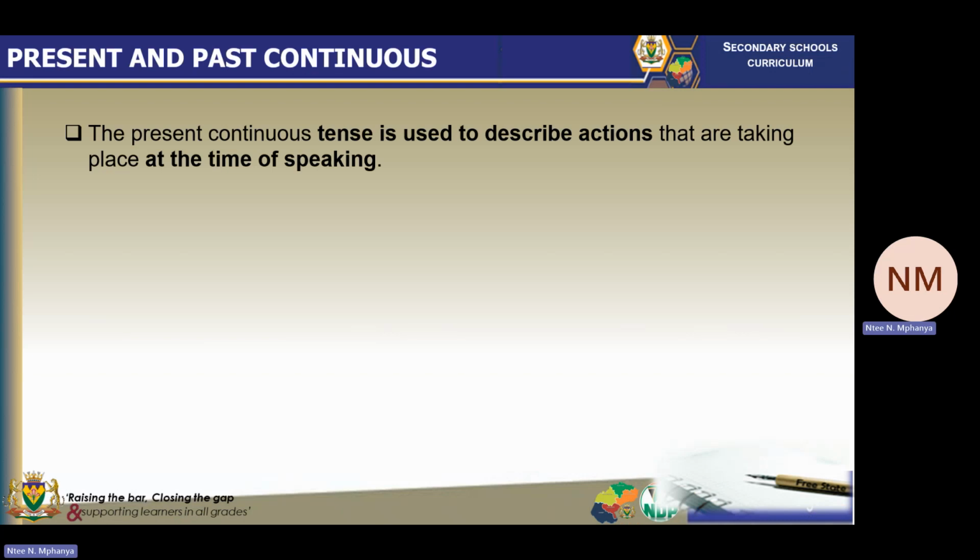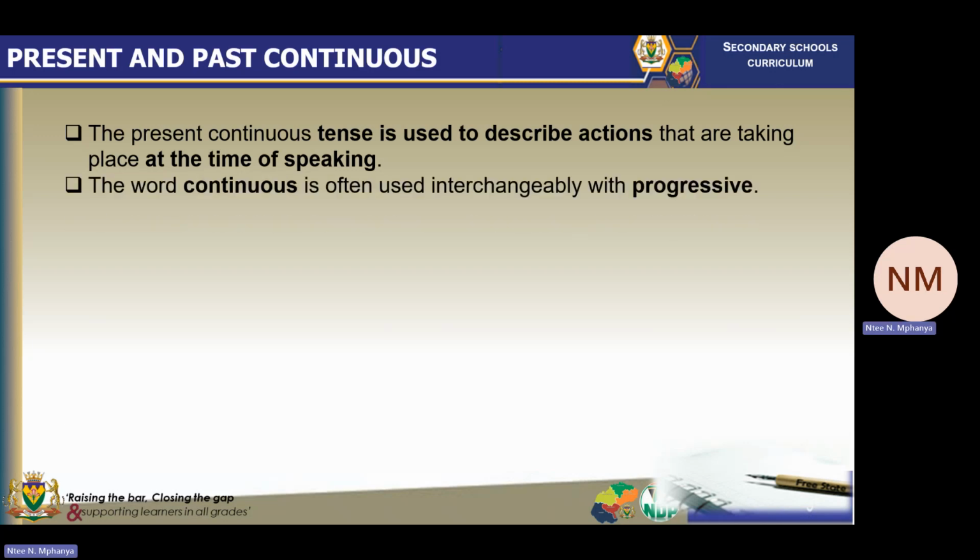The present continuous tense is used to describe actions that are taking place at the time of speaking. The word continuous is often used interchangeably with progressive.